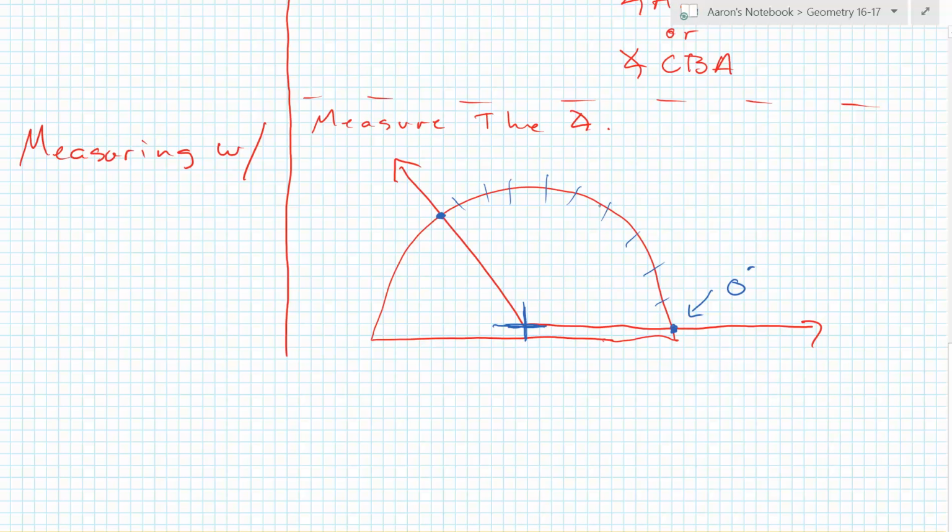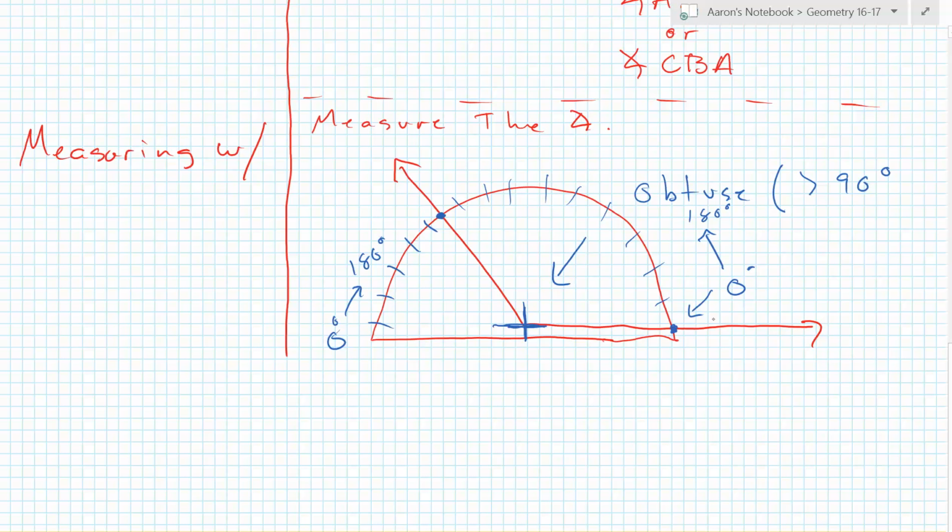Now, one thing to think about is that because this angle is obtuse, and we'll get to what that means in a minute, we know that it's going to be greater than 90 degrees. On most protractors, there are two sets of numbers. One of them goes from 0 to 180 this way, and another one goes from 0 to 180 that way. So use a little bit of common sense when you're reading this.